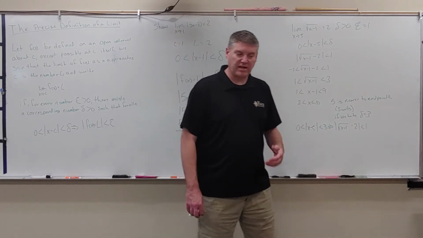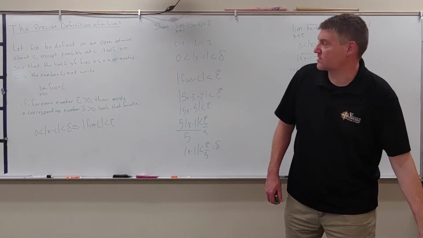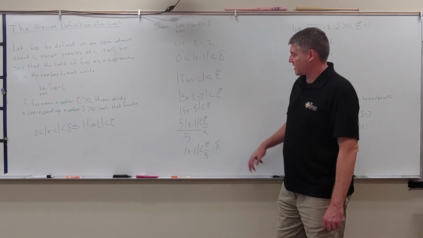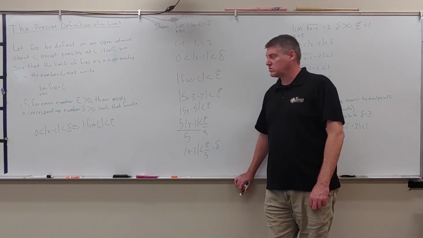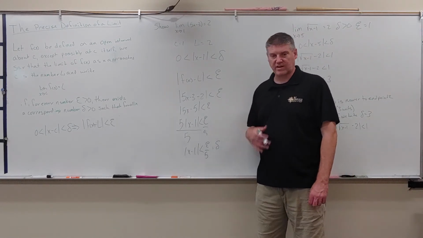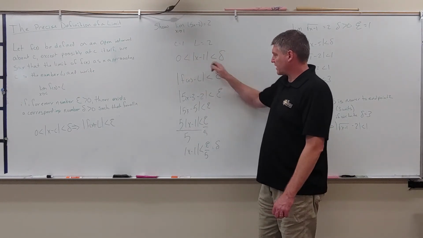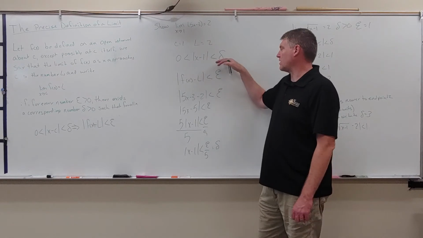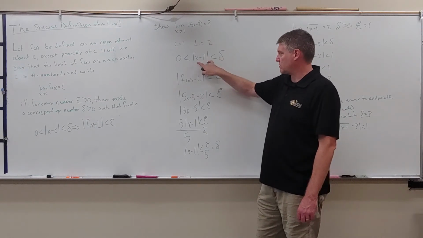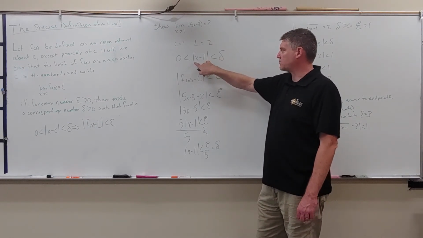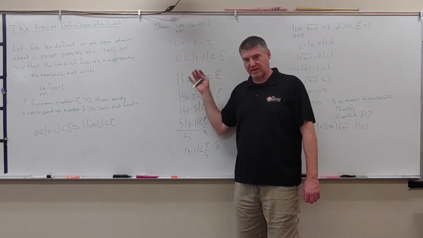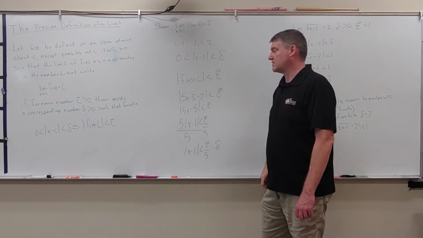So that's working with our formal definition there. I know that this is kind of confusing, but most of it is trying to think of it in terms of algebra. You're trying to work back to getting this here, so that you can show what delta is going to be. So you're really trying to work back to the absolute value of x minus c, and then compare that to delta.